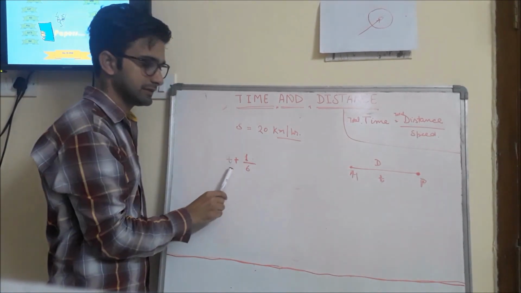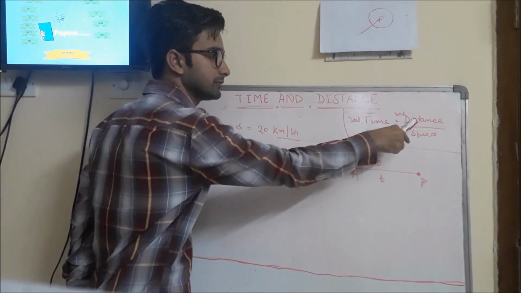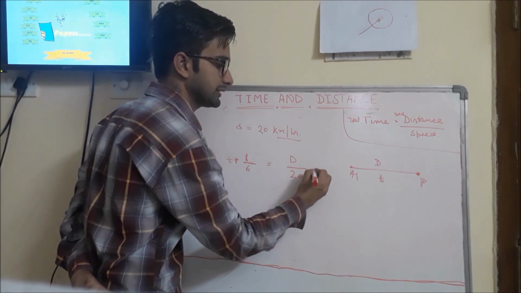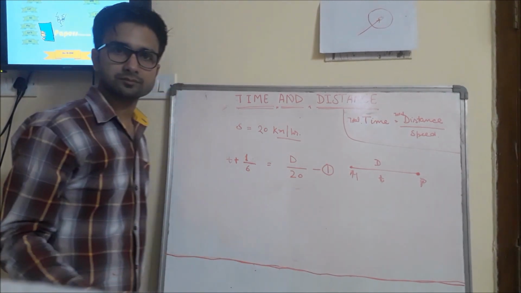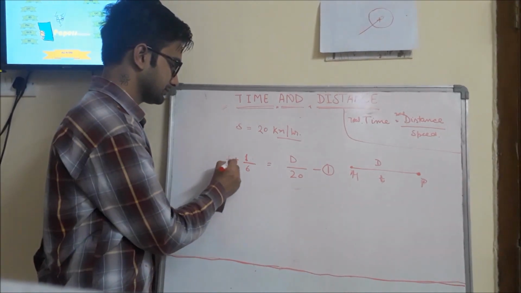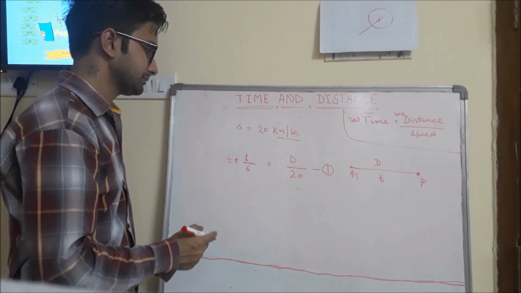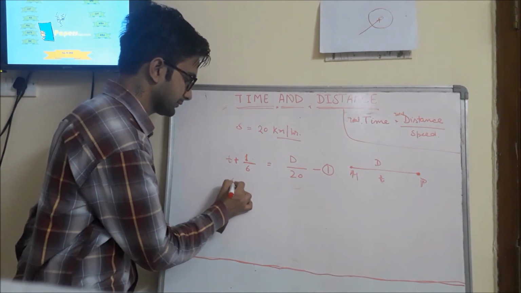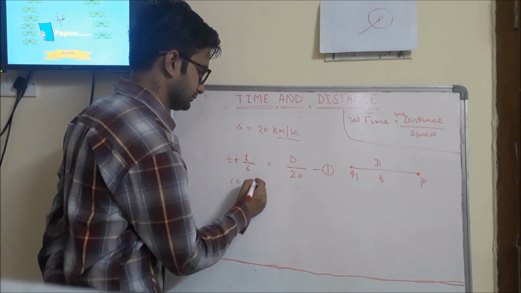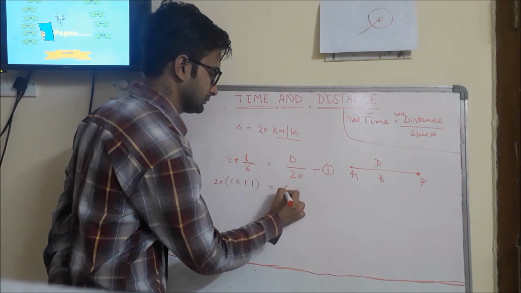The total time is this. We are applying the same formula. The total distance is d, and the speed is 20 km per hour, so d by 20. Here is our equation number 1. Just for simplicity, multiply the whole equation by 6 and 20, so it will be (60t plus 10) is equal to 6d.